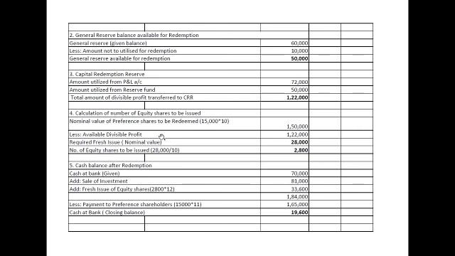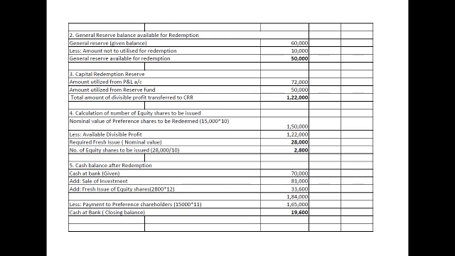Now the amount available from the divisible profit, that is, if you use the existing profit, you can use 1,22,000. So for the remaining amount, these 28,000, you have to go for fresh issue. So 28,000 is the nominal value of the equity shares.